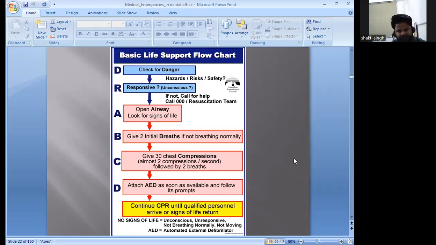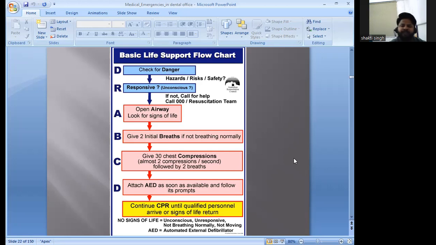Then we come to D, that is, attach the AED, the automated external defibrillator, as soon as it's available, and follow its prompts. Continue the CPR until the qualified personnel arrive or signs of life return. No signs of life is basically an unconscious, unresponsive patient, not breathing normally, and not moving.